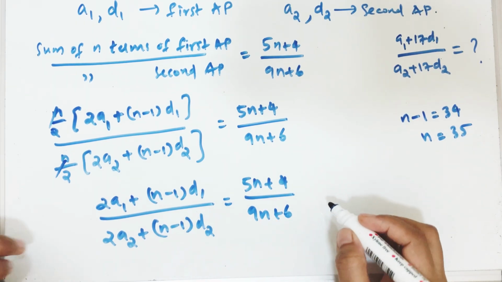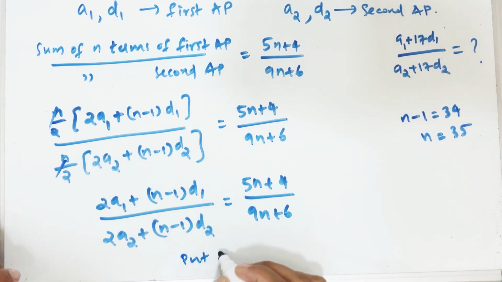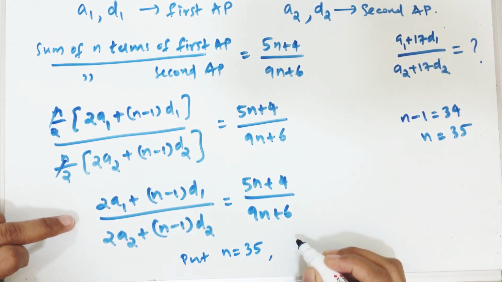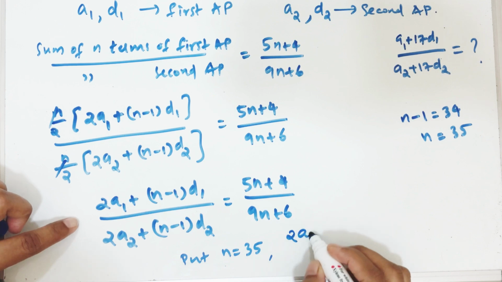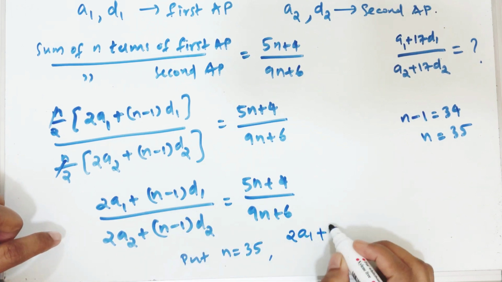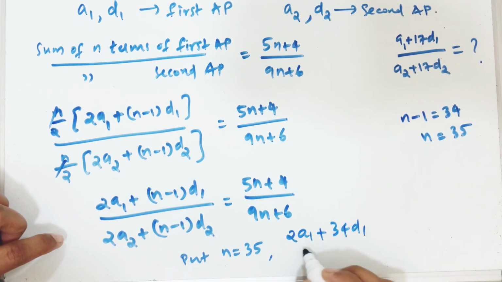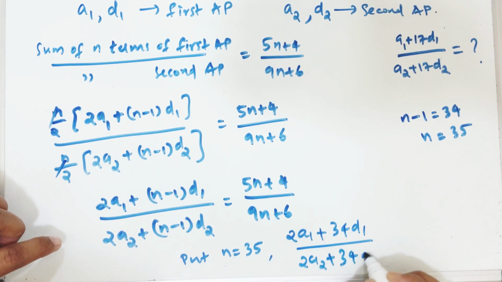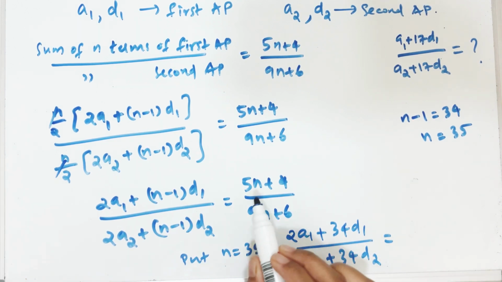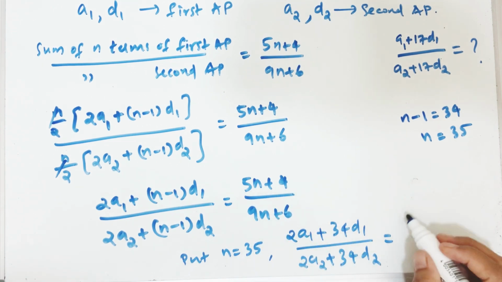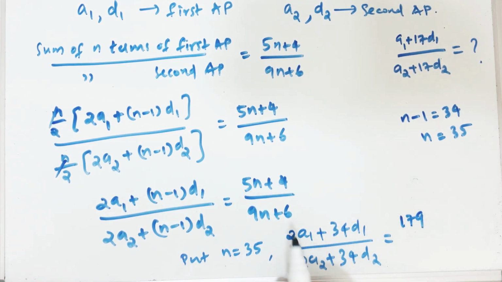Now this equation becomes, put n is equal to 35. Then it will become 2a1 plus 34 d1 by 2a2 plus 34 d2 is equal to 5 into 35 plus 4, which will be 179, divided by 9 into 35 plus 6, which will be 321.